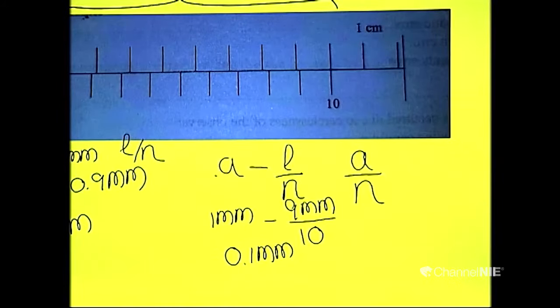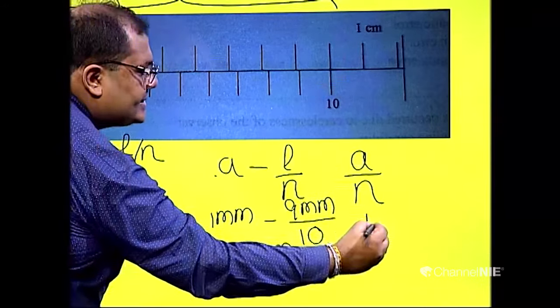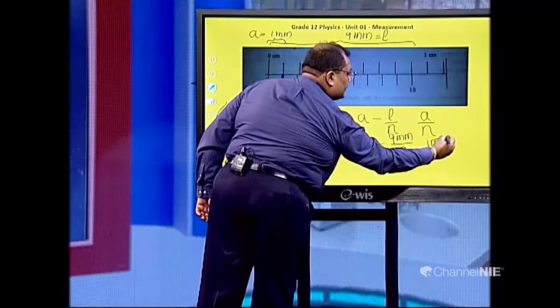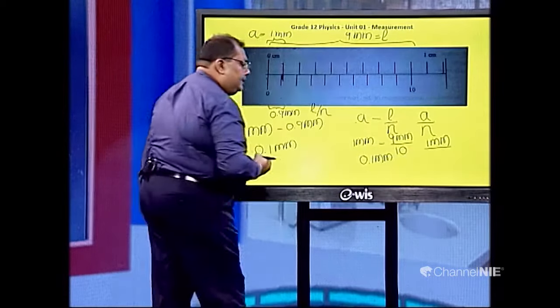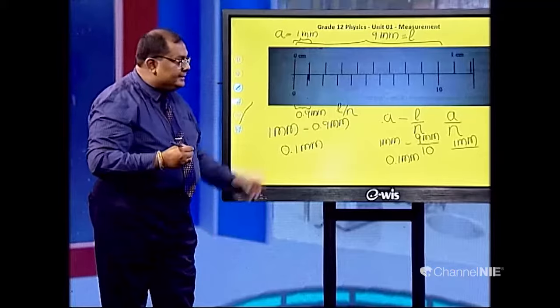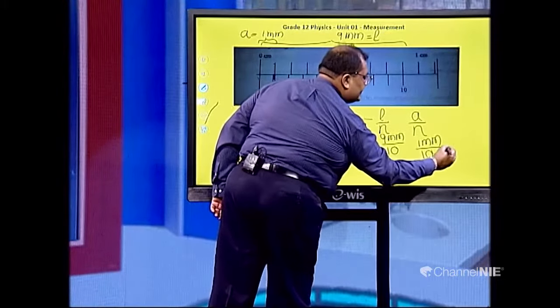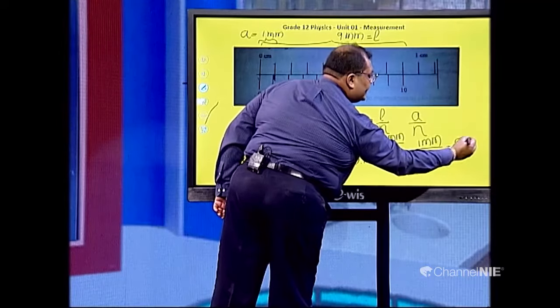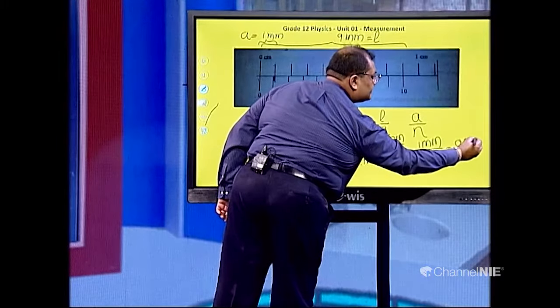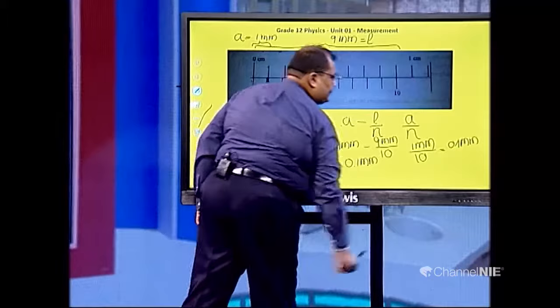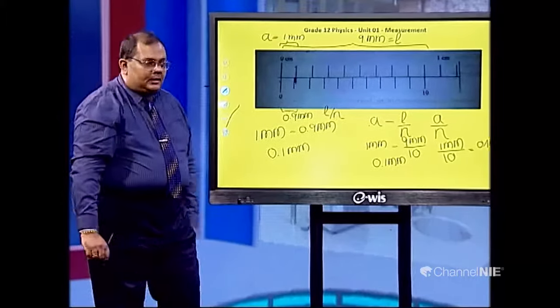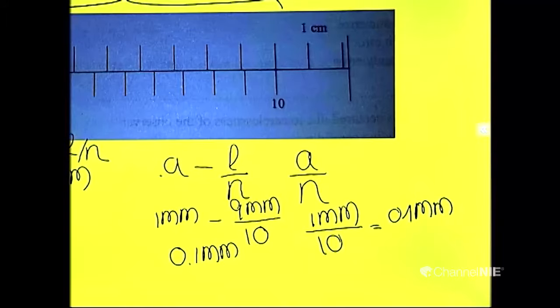And by the short method, least count of the main scale divided by number of divisions in the vernier, it's 10, therefore it is equal to 0.1 millimeters. Same answer. Then both methods are correct.